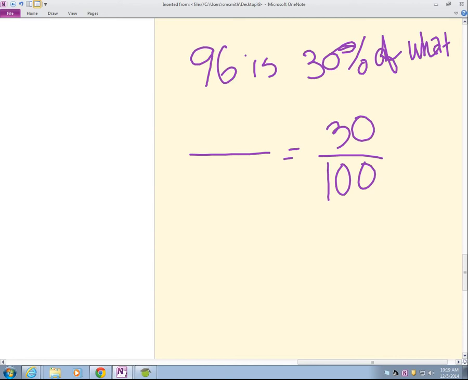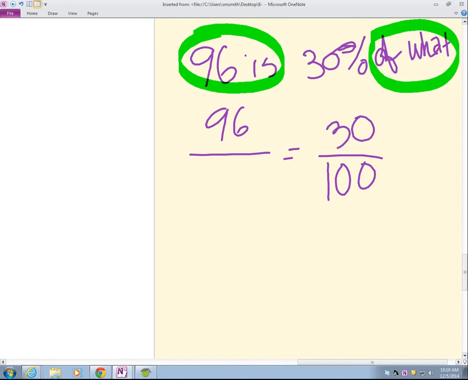Is that the part or is that the whole? Nikki. It's the part. What evidence do you have that it should go up here? Because it says 96 is. Then also it says of what? Right? And when we don't know something, it's a variable.